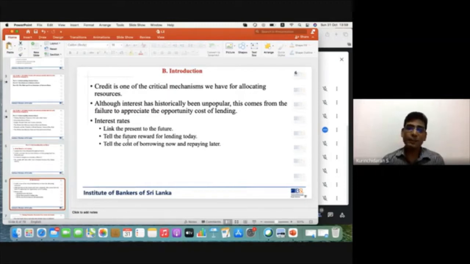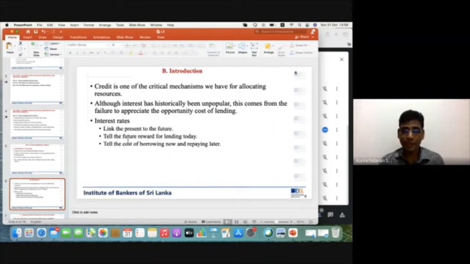Regulators try to reduce the interest rate, but you cannot go beyond some level. If you go beyond that level, even the surplus unit will be affected.